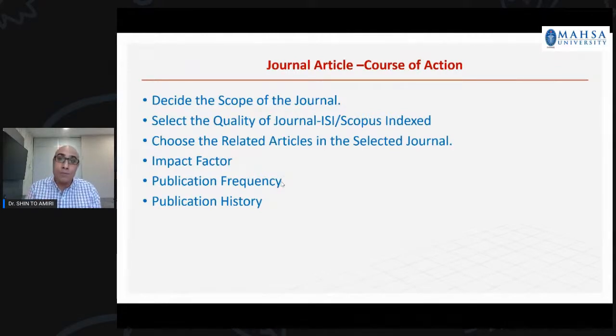If we are in a rush to publish, we need to make sure that the publication frequency is high and the journal is in demand of paper submissions. So that is very important. And then last but not least is the publication history. Some journals come up with the Scopus index and gained their index just recently, but you need to make sure that they do not have that many self-citations.